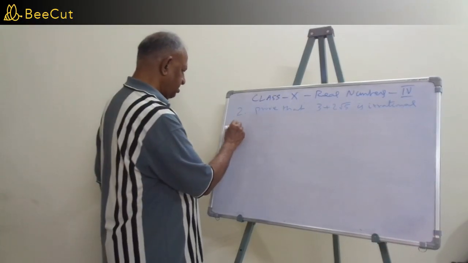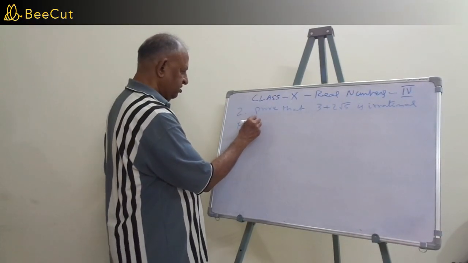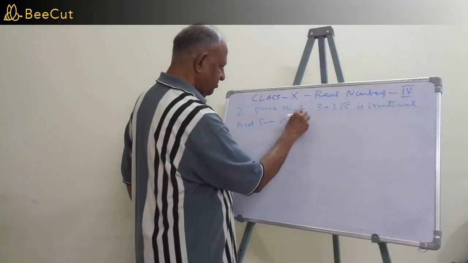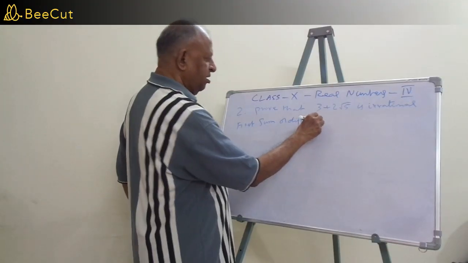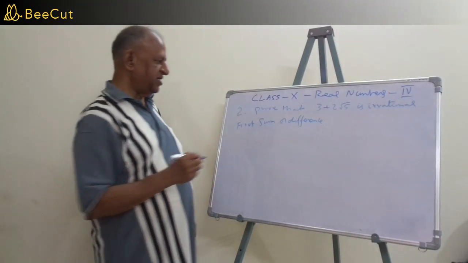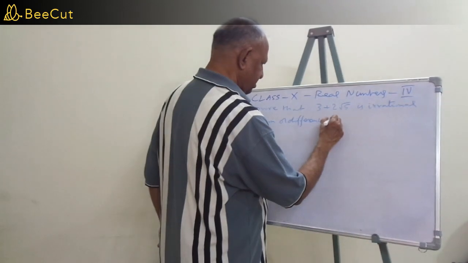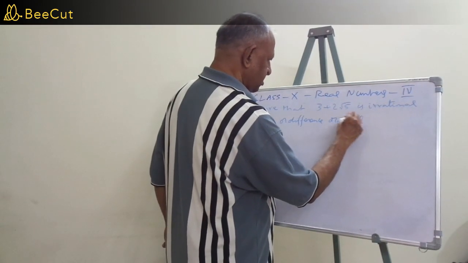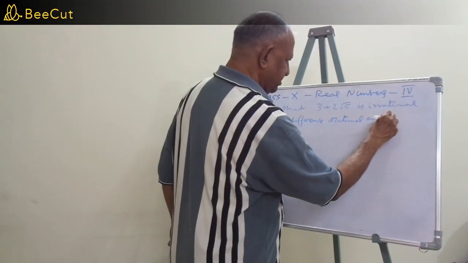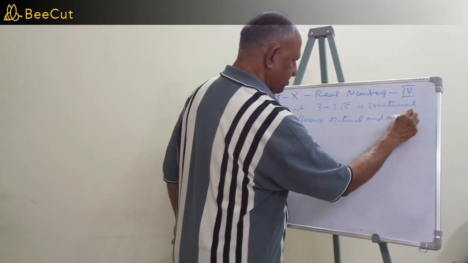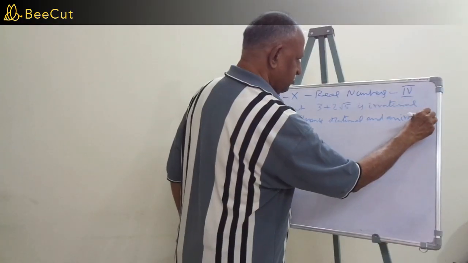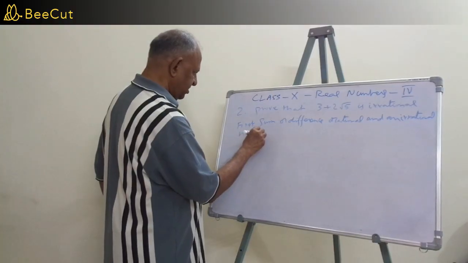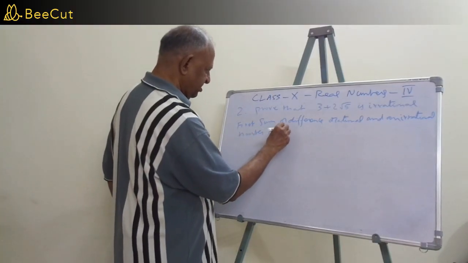First, remember the sum or difference of a rational and an irrational number is irrational.